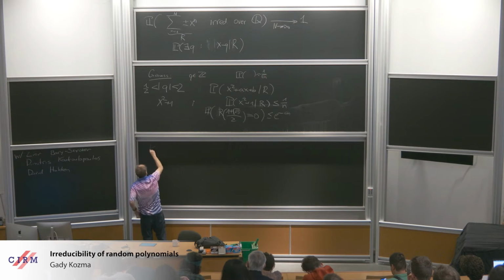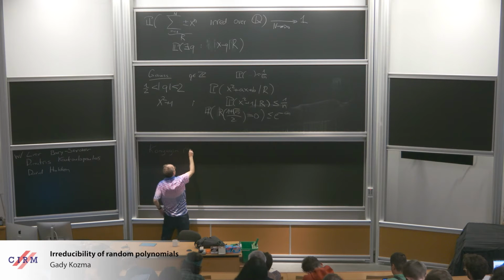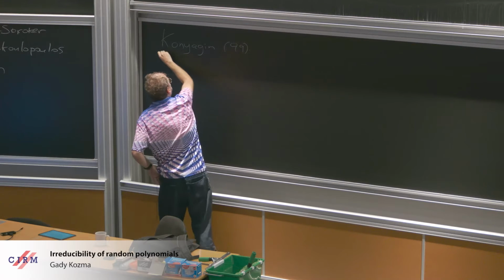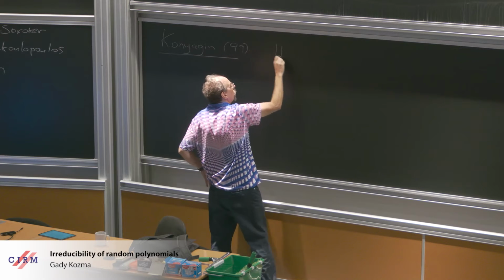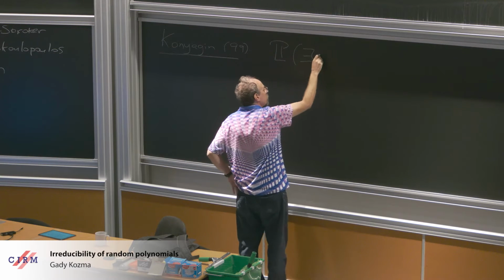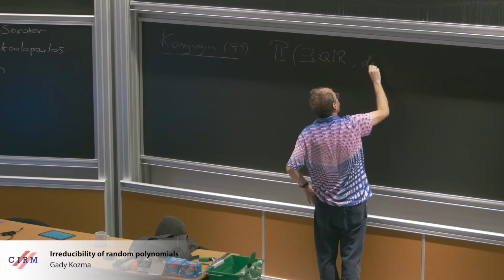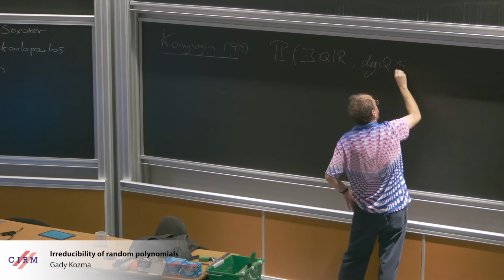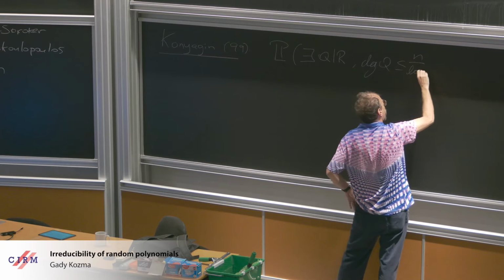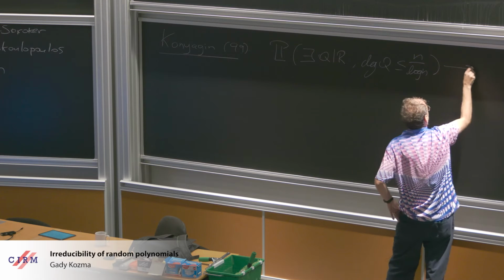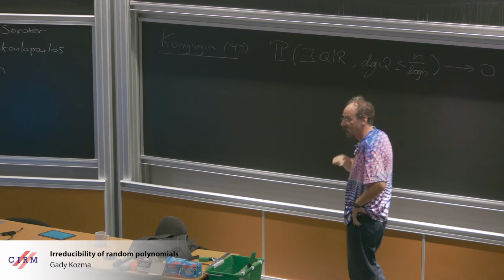And what he managed using this approach is to show the following: the probability that there exists a divisor of our random polynomial with degree smaller than n over log n goes to 0.